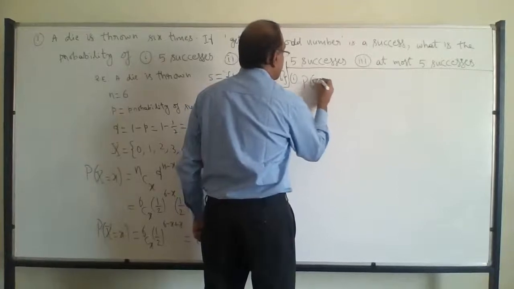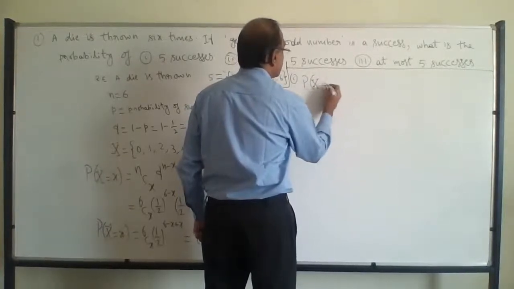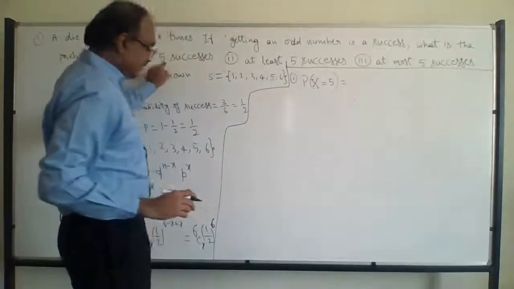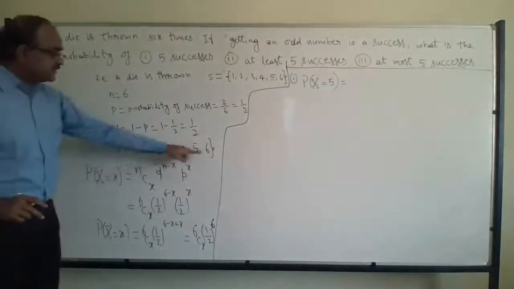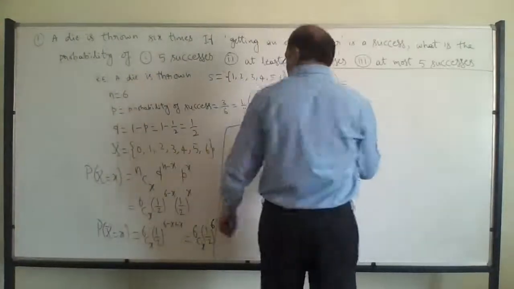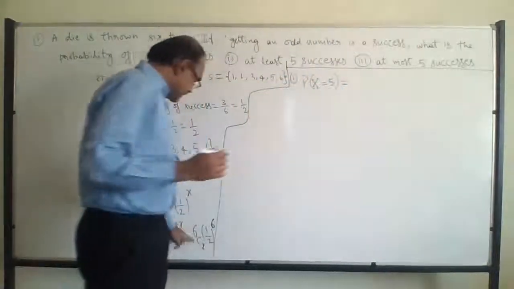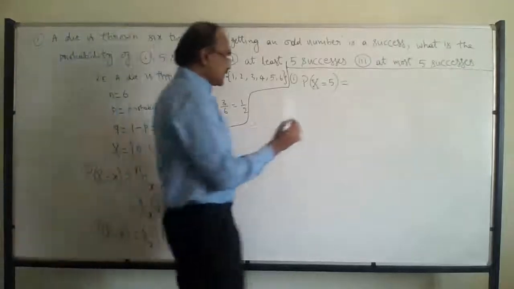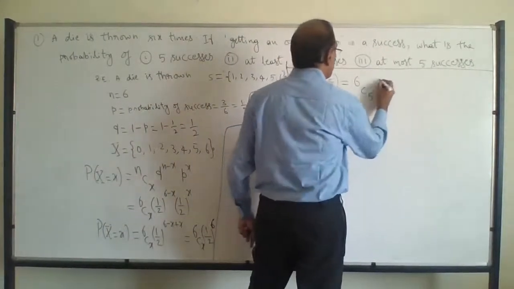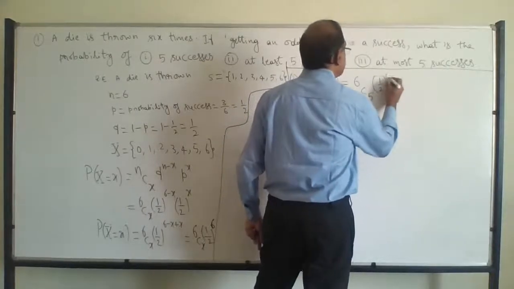That is capital X equals 5. So your number of successes is 5. That's what it is. X value ranging 0 to 6. So now just substitute this. So what is the formula? We have simplified already. 6Cx 1 by 2 whole to the power 6. 6C5, 1 by 2 whole to the power 6.